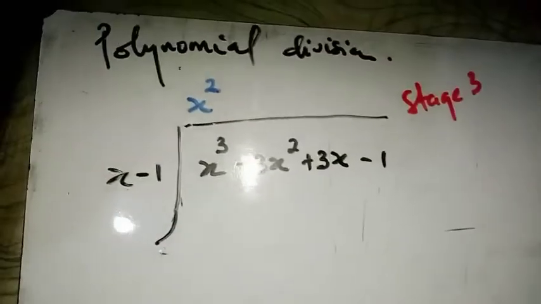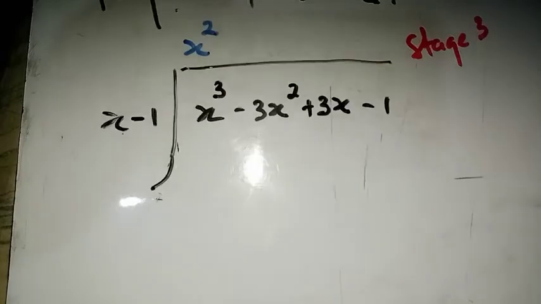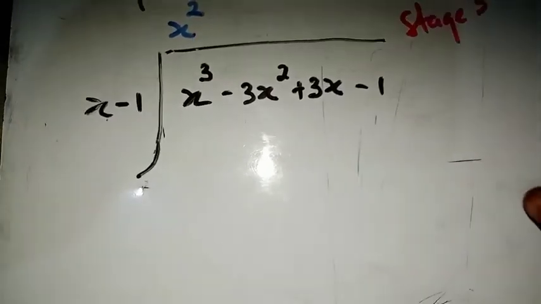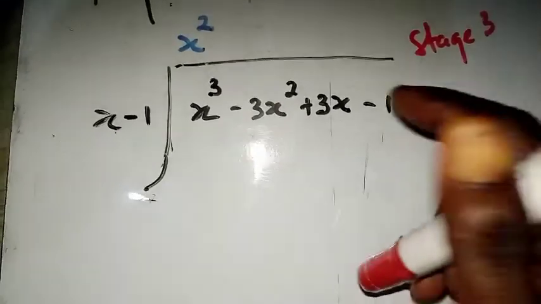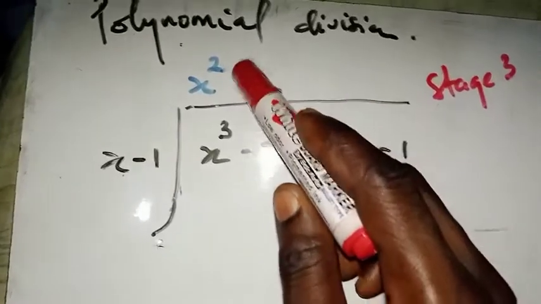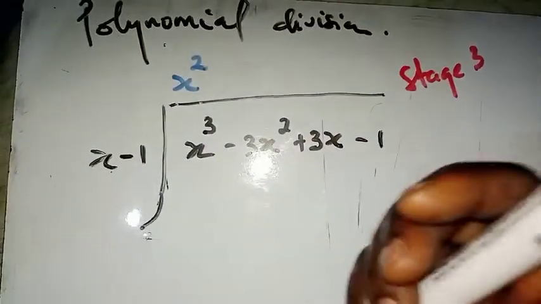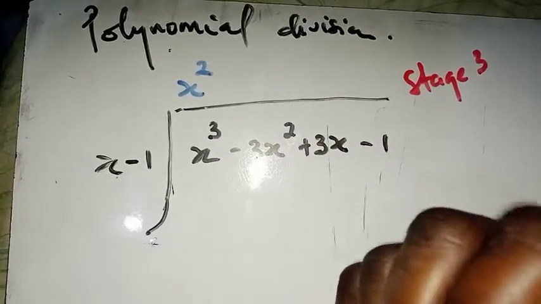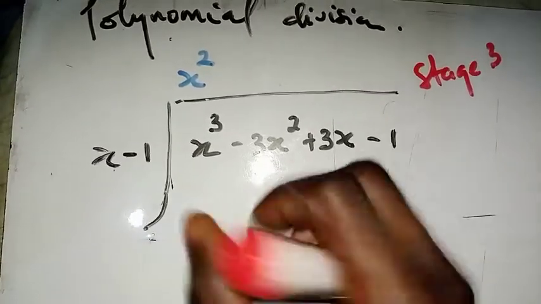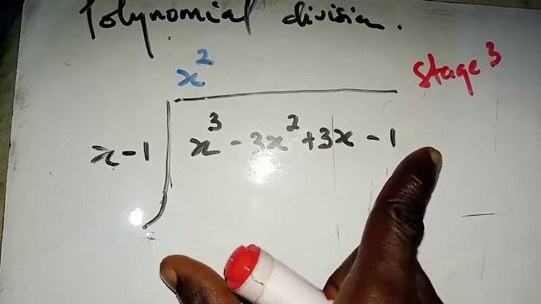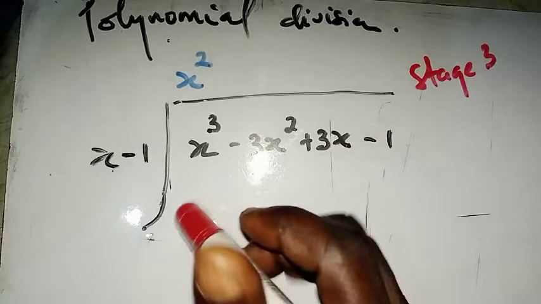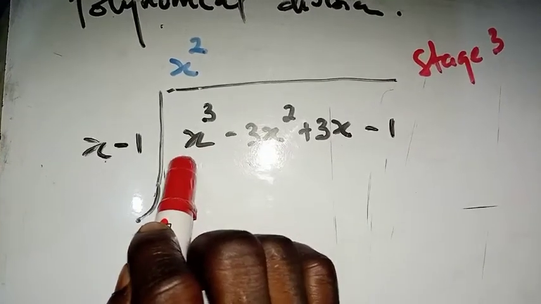Now let's dive into the main purpose of this video. Those are some of the keywords that you have to understand before you can proceed to polynomial division. Under this condition, solely for this example, you are going to deal with the variables.